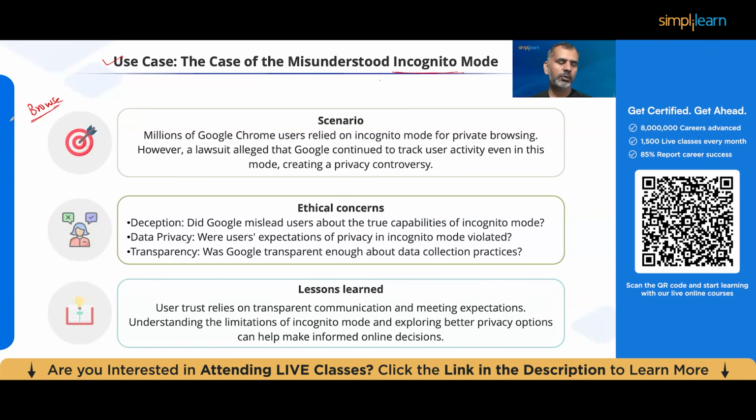There are no cookies stored in your local system, no passwords saved, no history recorded, and in some way you try to maintain your privacy. But what if you got to know that Google is recording that information while you are working in incognito mode? That is one of the scenarios.